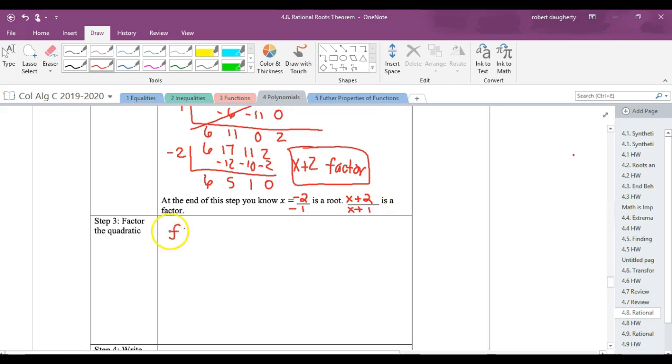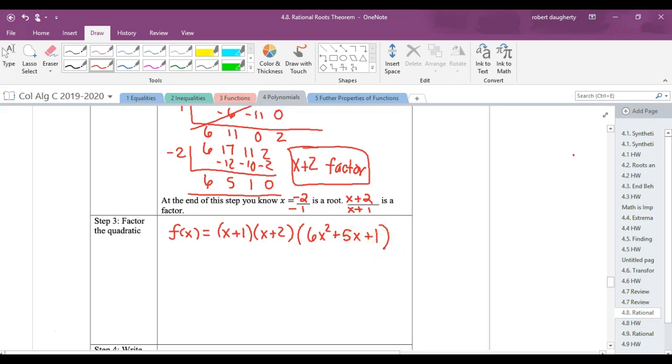I've got f of x equal, what are my two factors? Yeah, x plus 1, x plus 2, and then how do I read that piece of information right there? What is this? Yeah, 6x squared plus 5x plus 1.